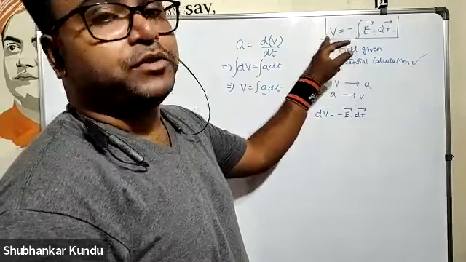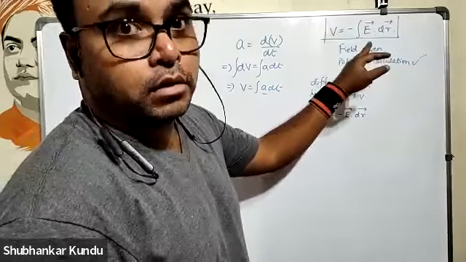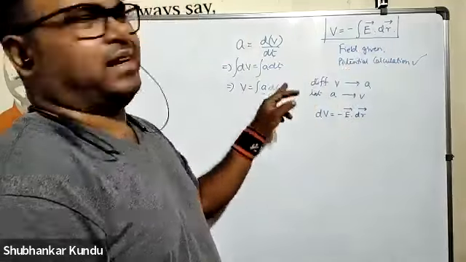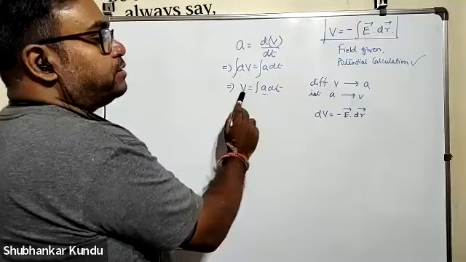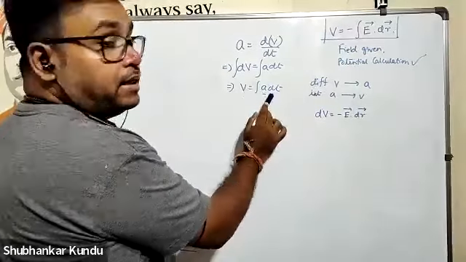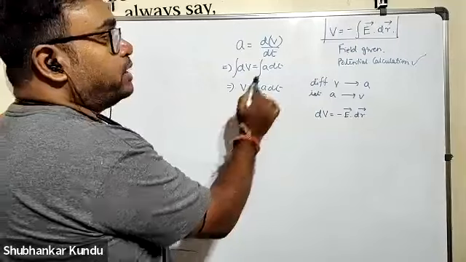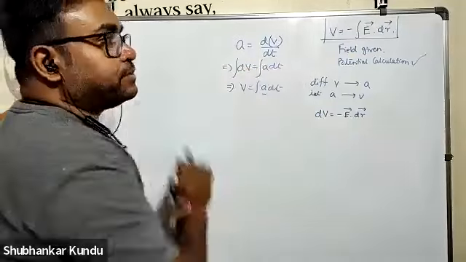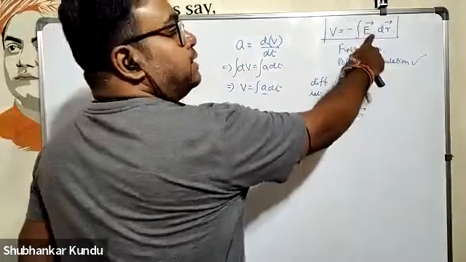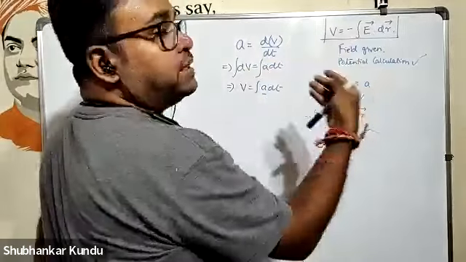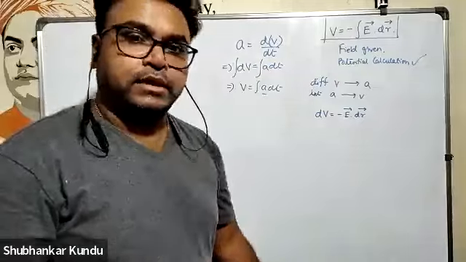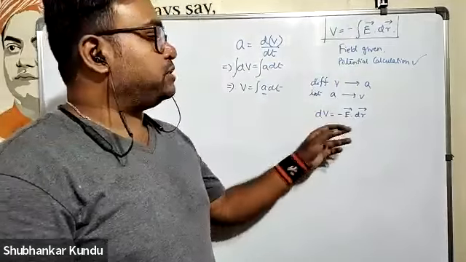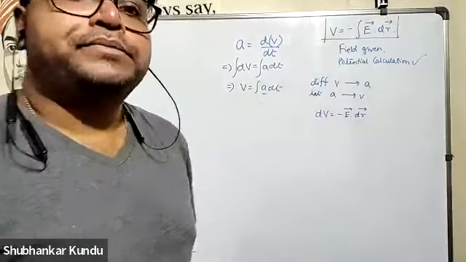So if we differentiate v, we'll be getting e. By integrating a, we get v, so by differentiating v, we get a. By integrating e, we get v, so by differentiating v, we'll be getting e. That much thing is clicking.